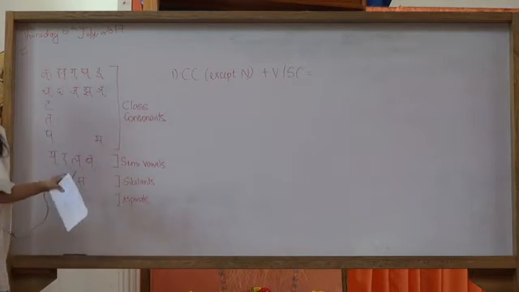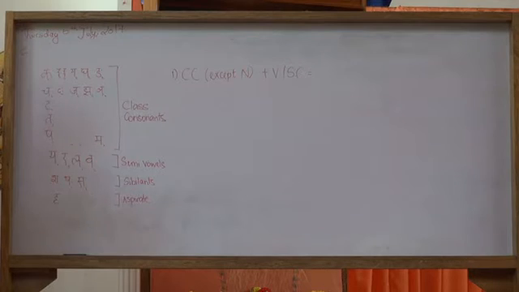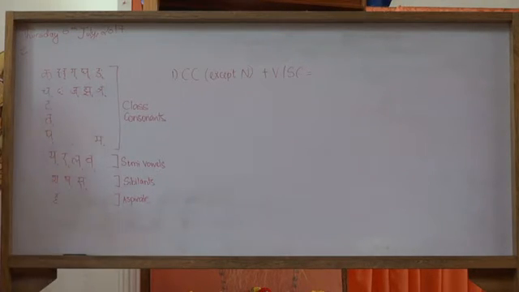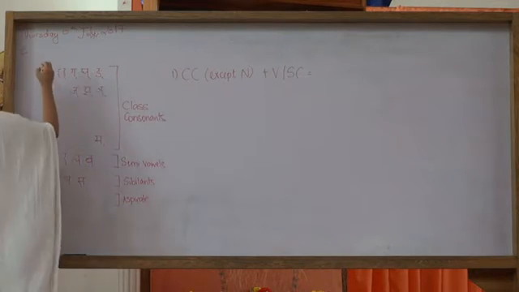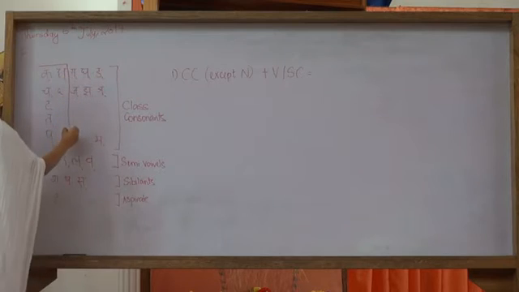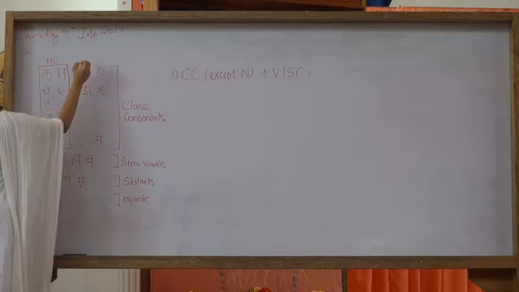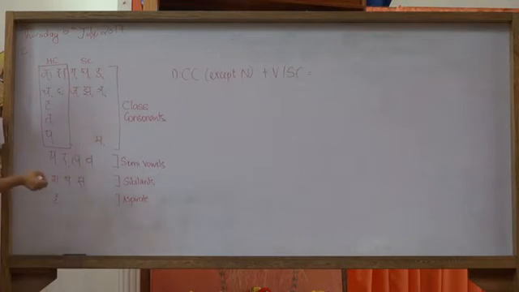This is one way to break up this table: class consonants, semi-vowels, sibilants, and aspirate. But there's also another way to break it up, to say all these ones are hard consonants, and the soft consonant is everything else.